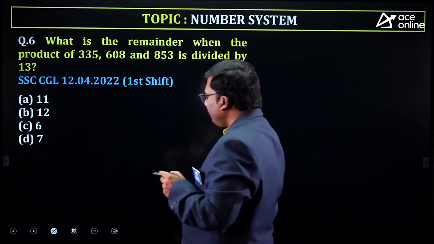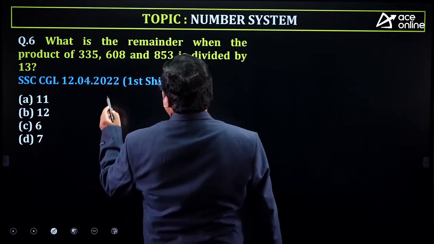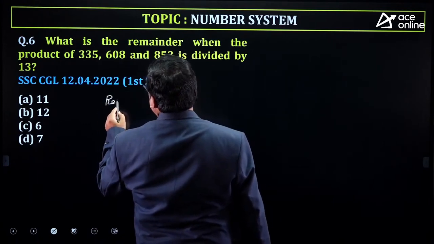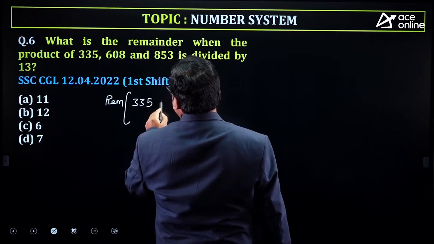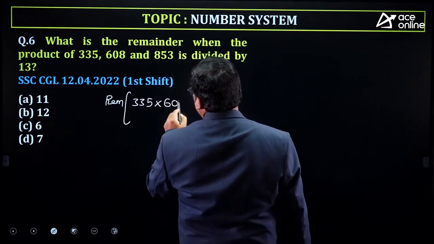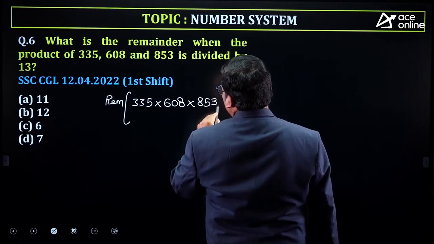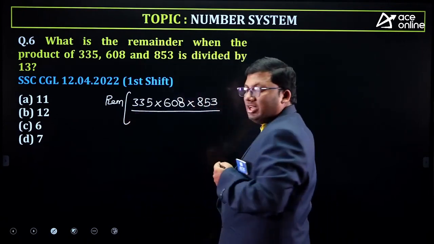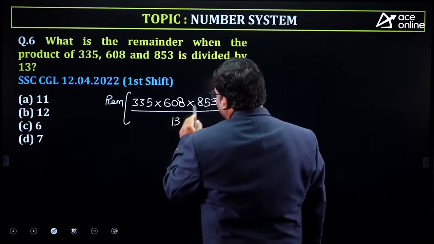Next one. What is the remainder when the product 335 into 608 into 853 is divided by 13?